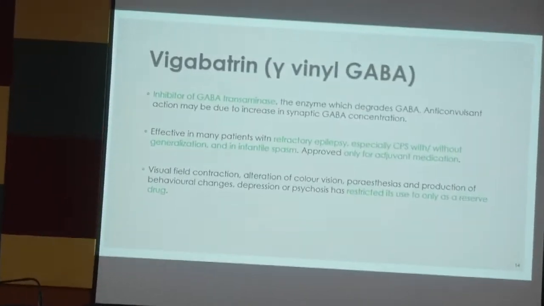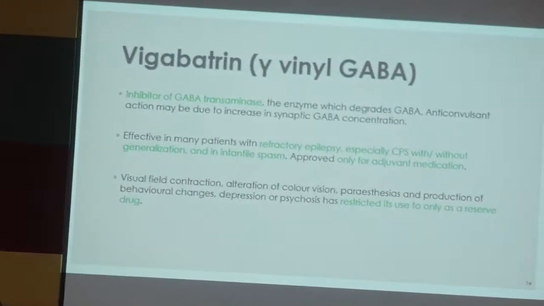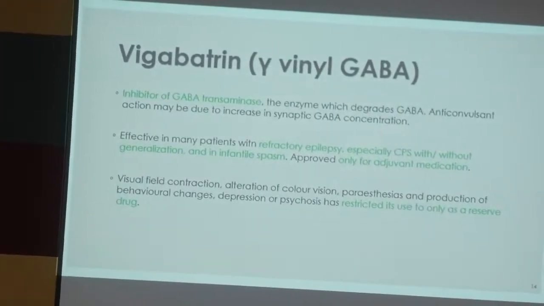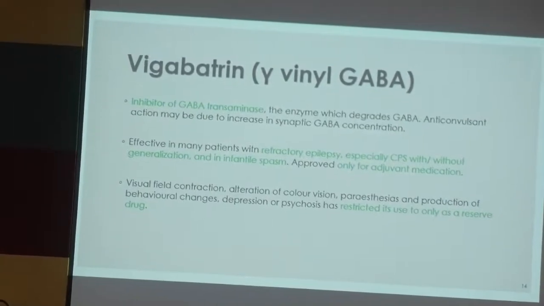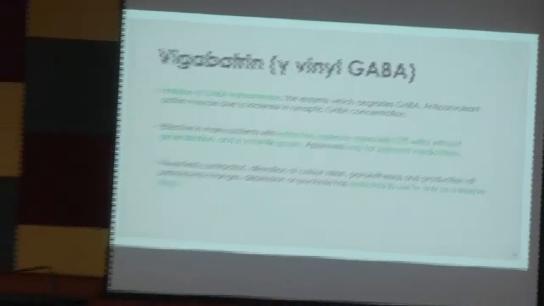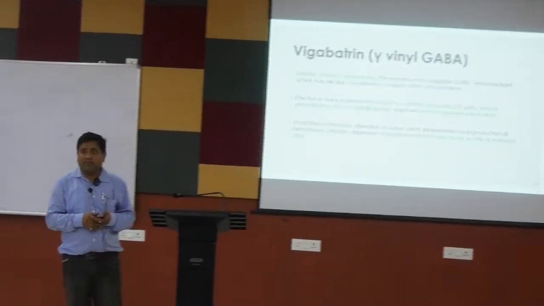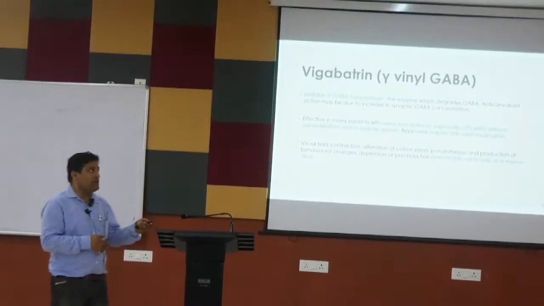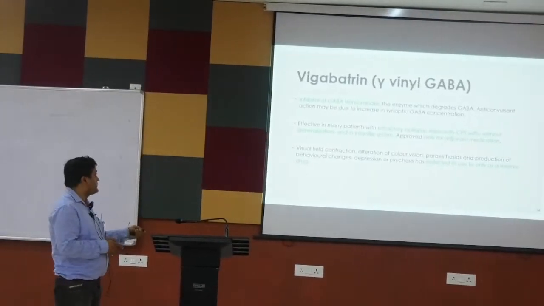Vigabatrin, gamma vinyl GABA. Basically, they are inhibitors of GABA transaminase. GABA transaminase is responsible for metabolism of GABA in the synapse. So, as they are inhibiting GABA transaminase, more GABA is present in the synapse to act on the GABA benzodiazepine receptor. Thus, they are again potentiating the GABA action.